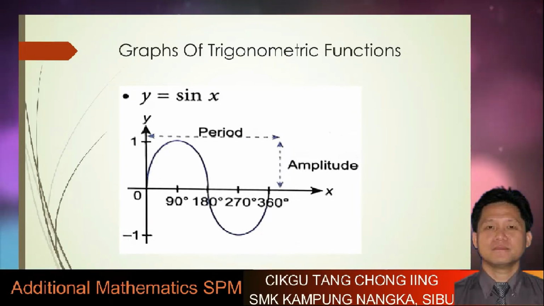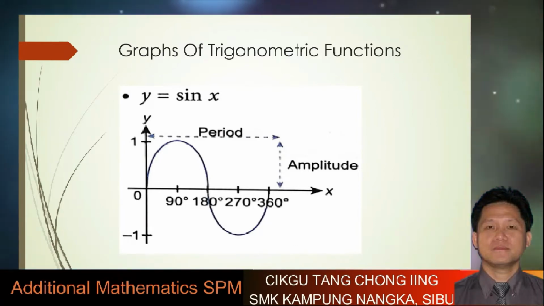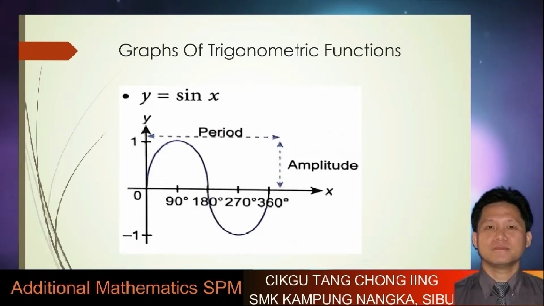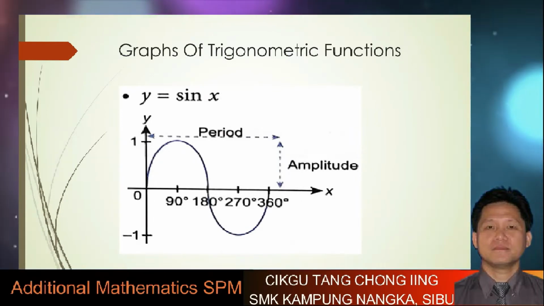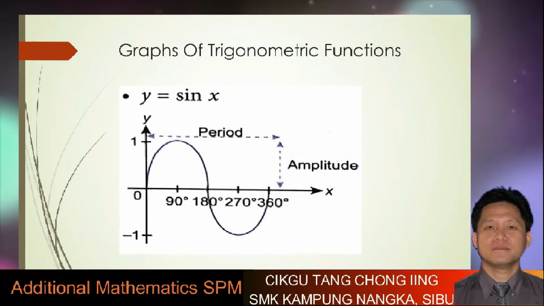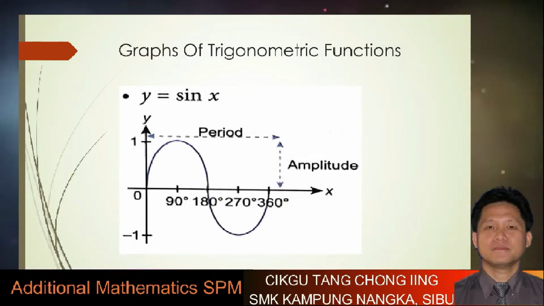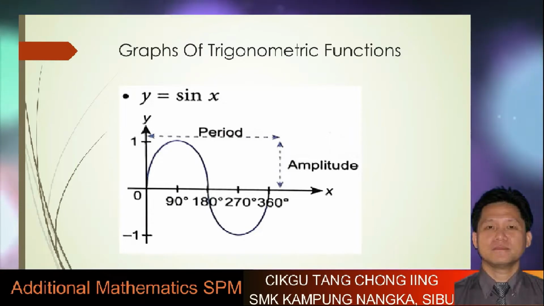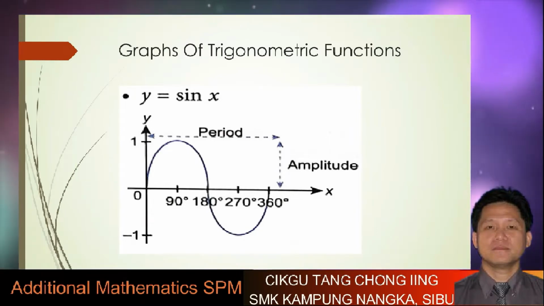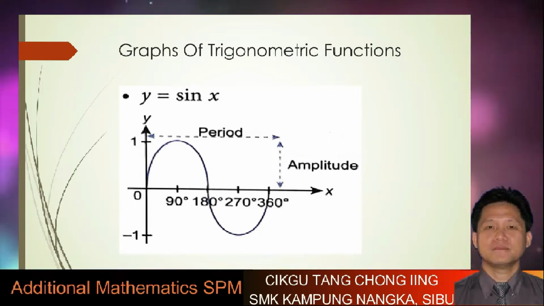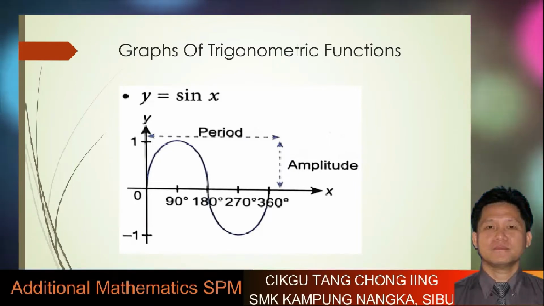Now for y equals sine x, it is a periodic function and the shape of the graph, meaning the shape like this, repeats in each period. For the graph of y equals sine x, one period is 360 degrees or 2 pi radians.